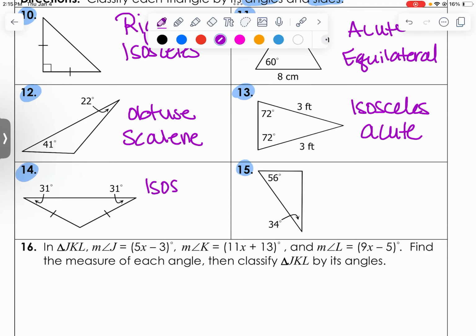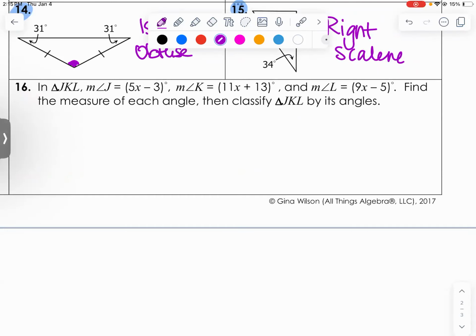It is isosceles. What's this missing angle right here? Because this guy would be 118. Okay, and then Harry, what's number 15? Right, and scalene.